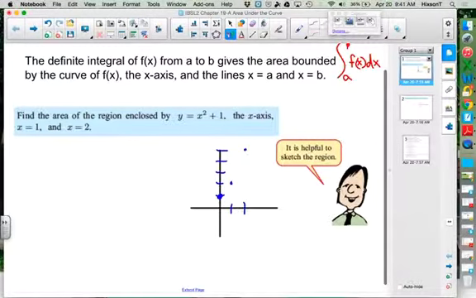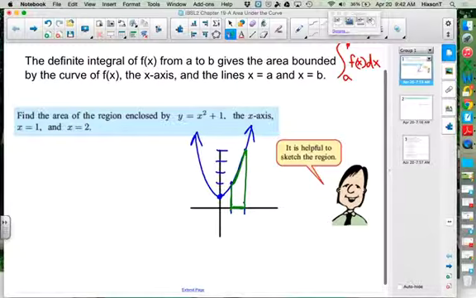It's going to be a parabola here. And then what it's asking us to find is this area here, bounded by the curve itself, the line x equals 1, the x-axis, and the line x equals 2.